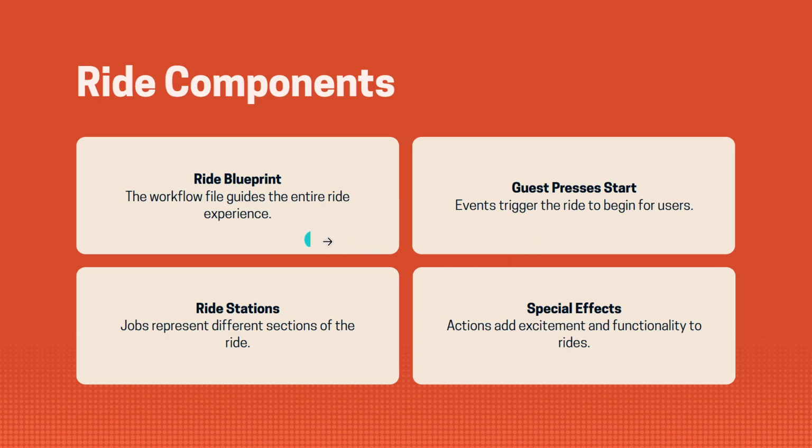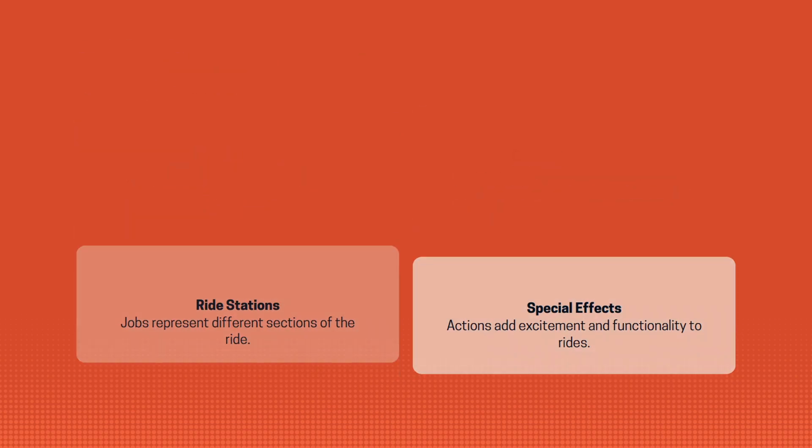So, right components, right blueprint, the workflow file guides the entire ride experience. Guest presses start, an event triggers the ride to begin for users. Ride stations, jobs represent different sections of the ride. Special effects, actions add excitement and functionality to rides.